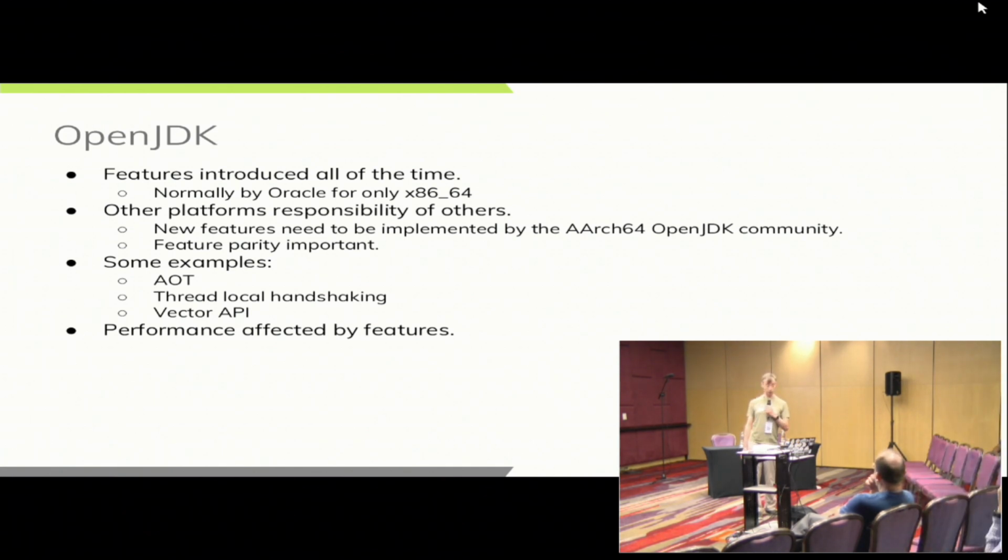And there's been other features too that have been implemented by non-Oracle so that there is support on AArch64. And one other reason is that performance is affected by features. Garbage collection isn't something you necessarily have to do, but it is something that is very fundamental to performance.